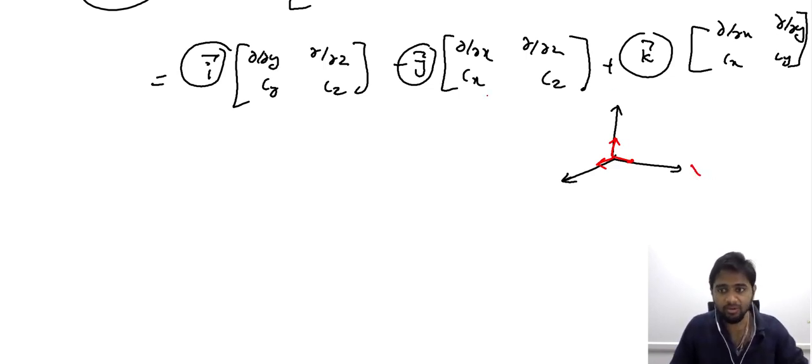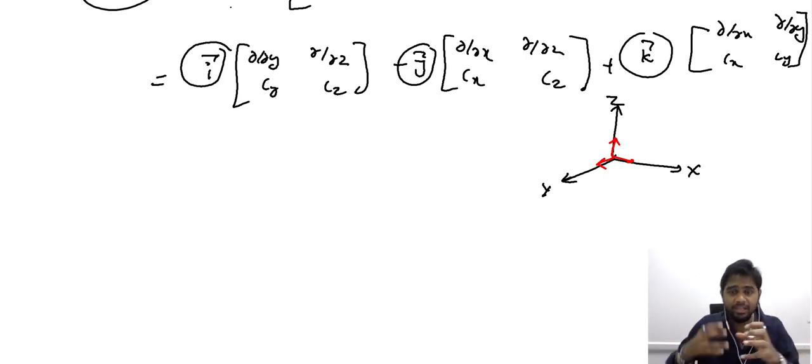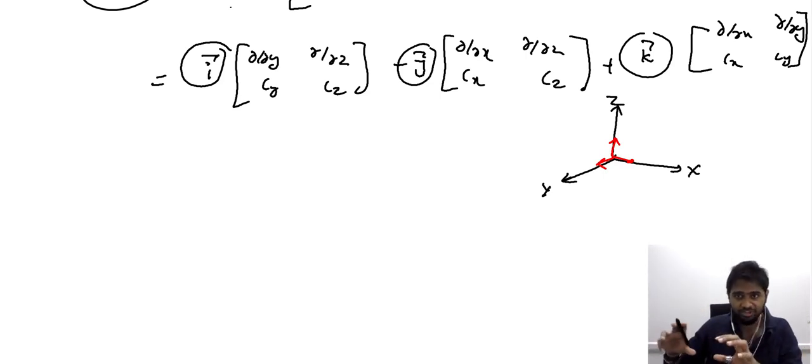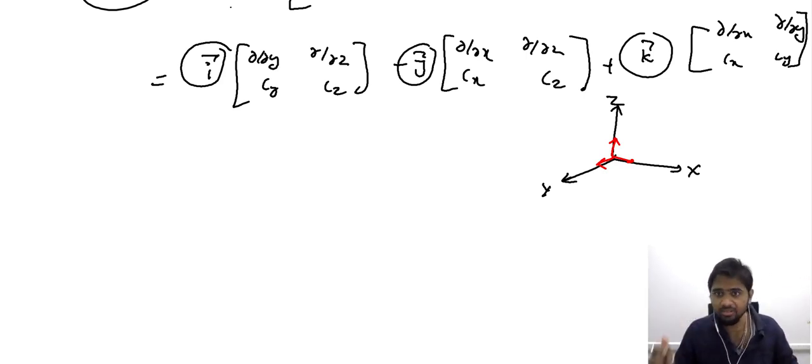So we have our coordinate system defined as x, y and z. In most simplistic treatments of the gradient, be it divergence or curl, whenever we want to express a vector, we often restrict ourselves.